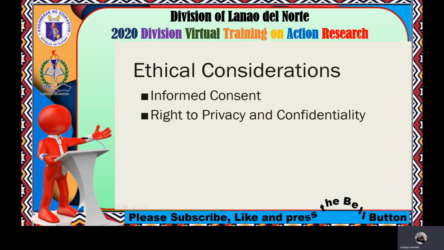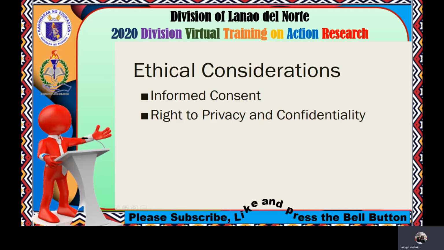For example, gusto niya muundang sa imong action research, pwede. And also, if he or she has finished the action research, but then dili niya gusto ibutang iyang data dito, pwede po din siya. So you should include that in your informed consent, that they are free to back out anyone they want, anytime they want.